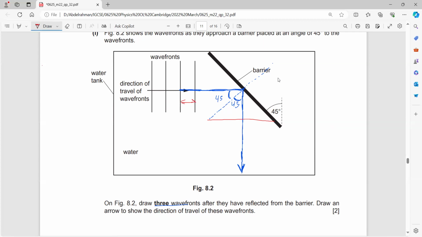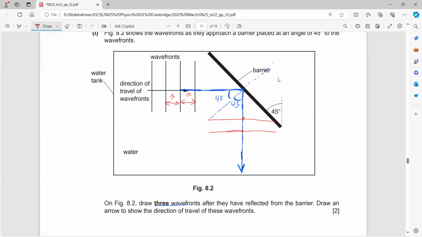So you need to measure the initial distance, which is the wavelength, using a ruler, and then draw 3 wavefronts which have the same distance between them.